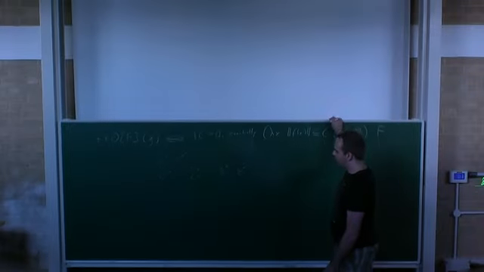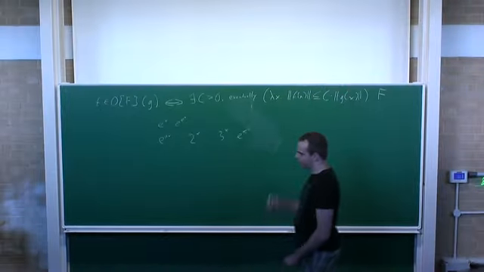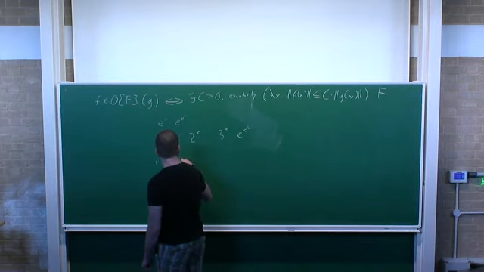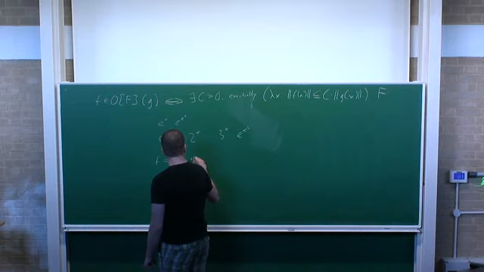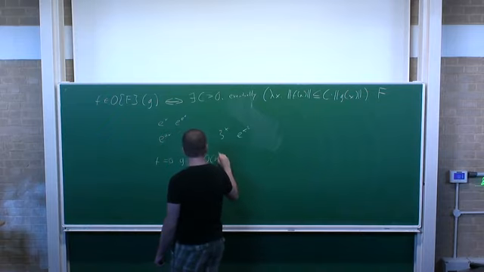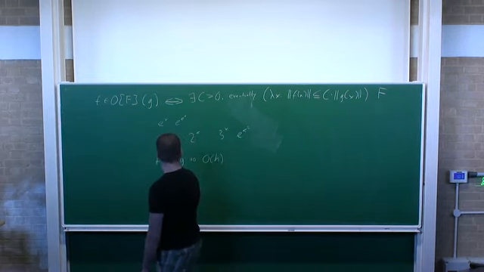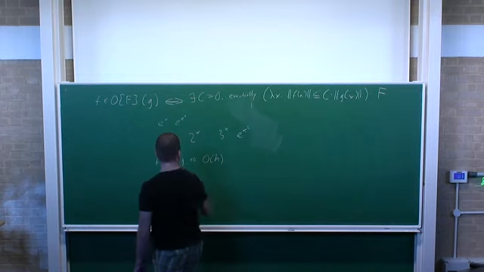Actually, long before me, Jeremy Avigad introduced notation for that, and he wrote something like f = g + O(h). It means something like the equals is always just element of.